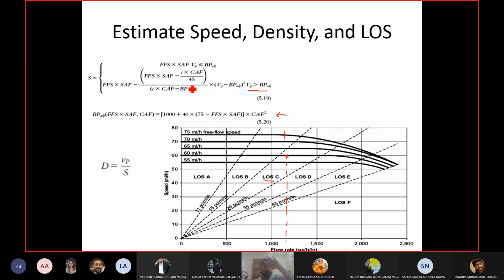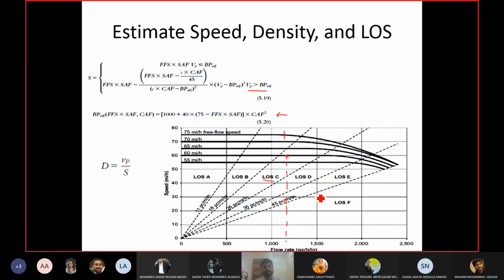45 is a constant. Where are we getting 45 from? 45 is basically the maximum density which you can have at level of service E. So this is the density which you will achieve at capacity, because level of service E means capacity.